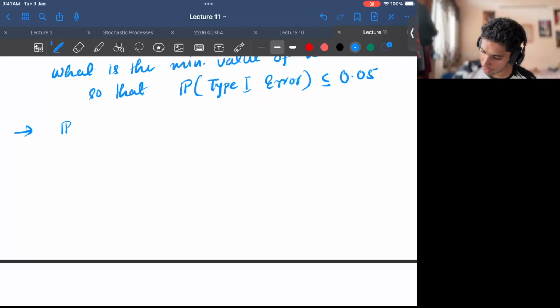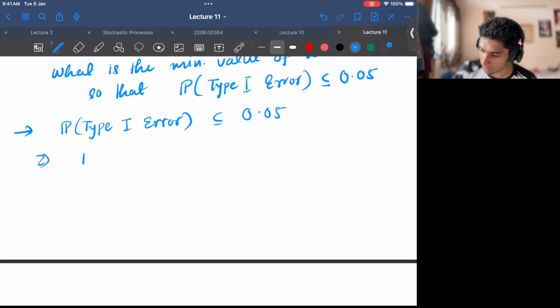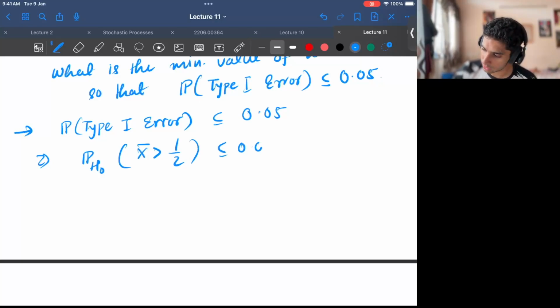So what is the probability of type 1 error? This has to be less than or equal to 0.05. This implies that probability under H naught, when will you reject the null hypothesis? If x bar is greater than half, right? This has to be less than 0.05.